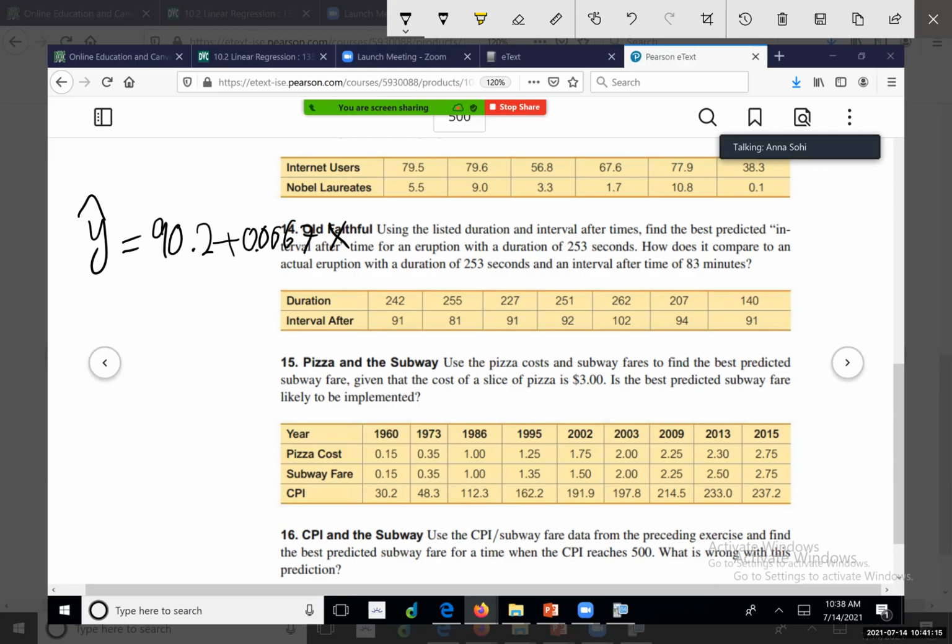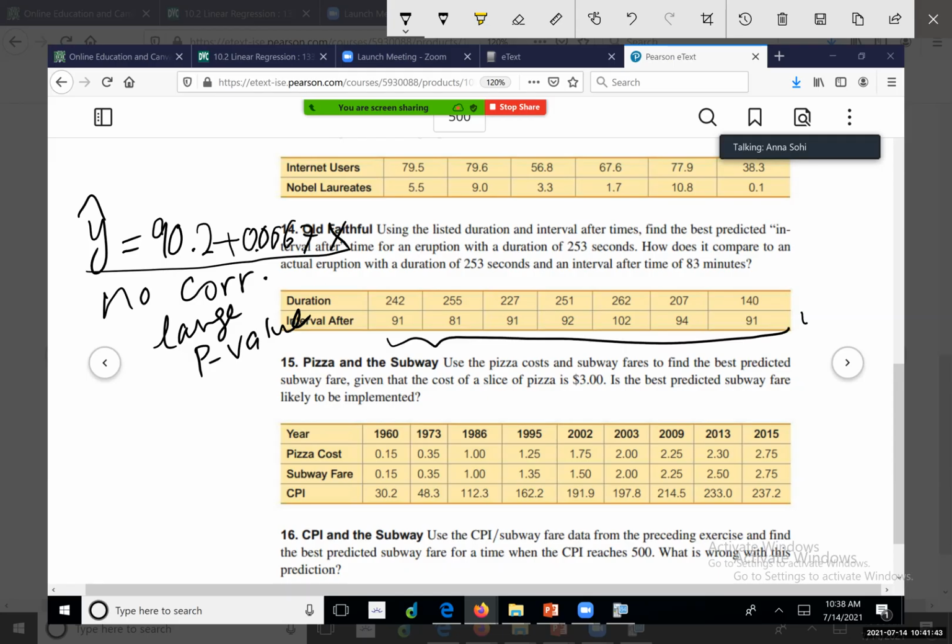But we said that there was no correlation. If you remember, we had a large p-value. We said no correlation. So if there is no correlation, then it's not good to use this prediction line for our estimation. So we need to find the average of y values to be our best estimate.